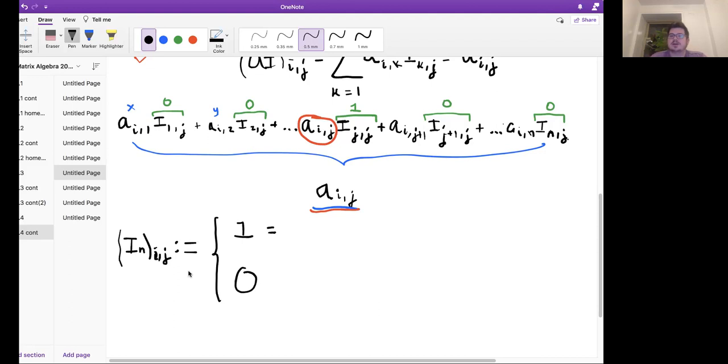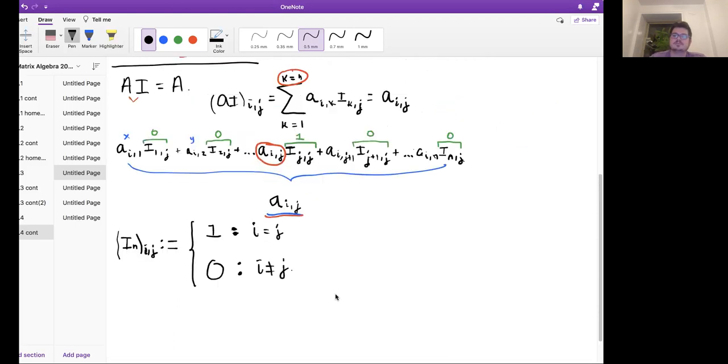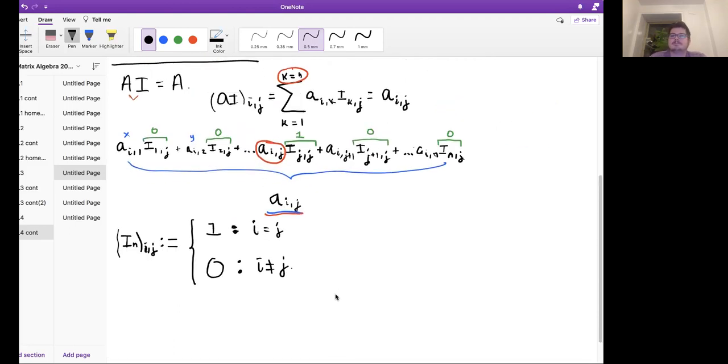Well, if they're equal, right? So we're going to put a 1 when the row is equal to the column. But if the row is not equal to the column, then we're going to put a 0. Does that make sense?